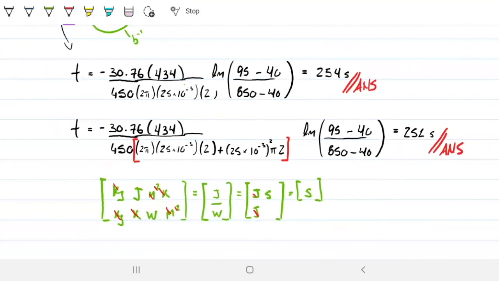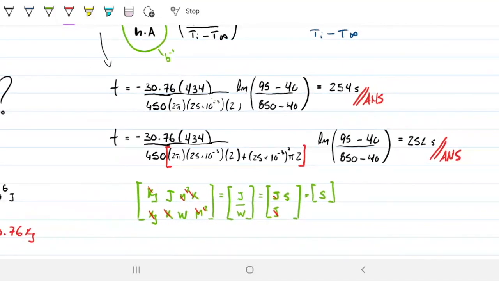Great. So guys, we found out how long it takes under these assumptions to go from 850 to 95 Celsius. If we consider the two tips of the rod, then it's going to take a bit less time, because we have more area. But the difference there is 3 seconds, it's not major. So you can argue both ways.